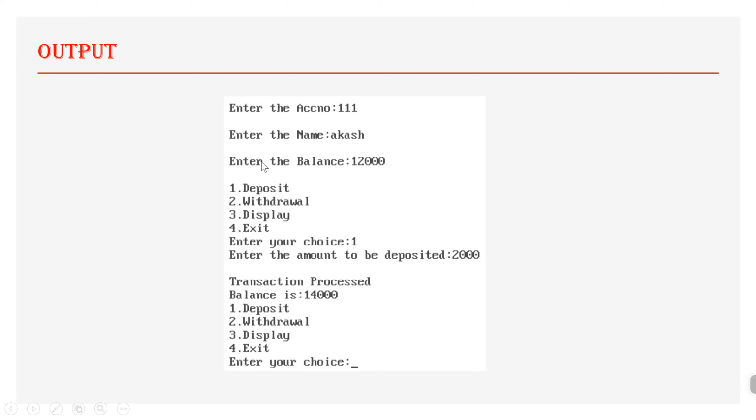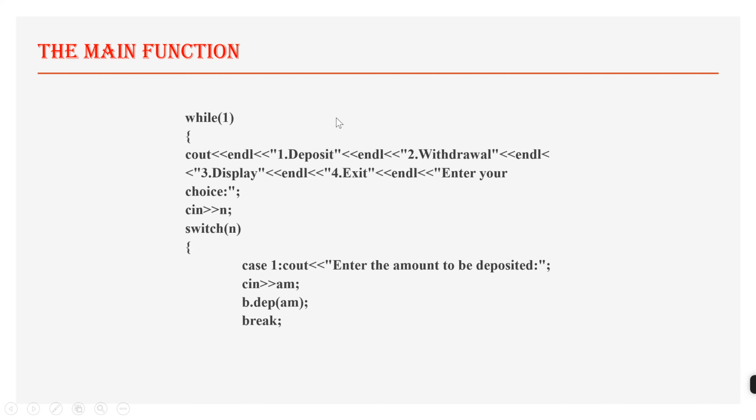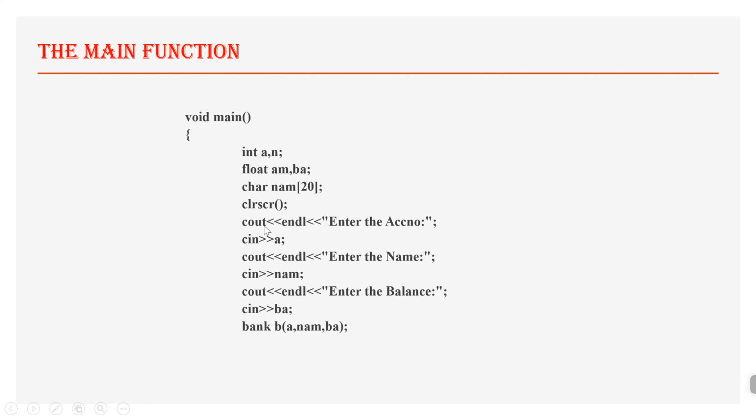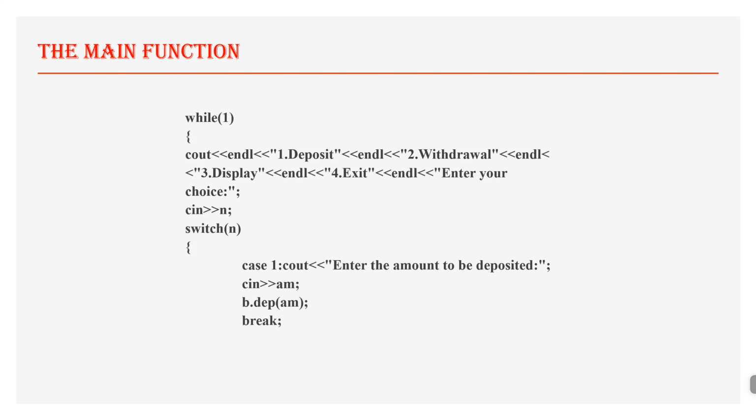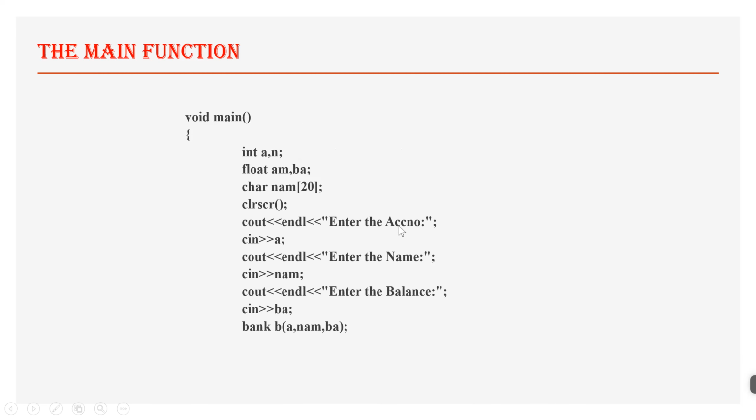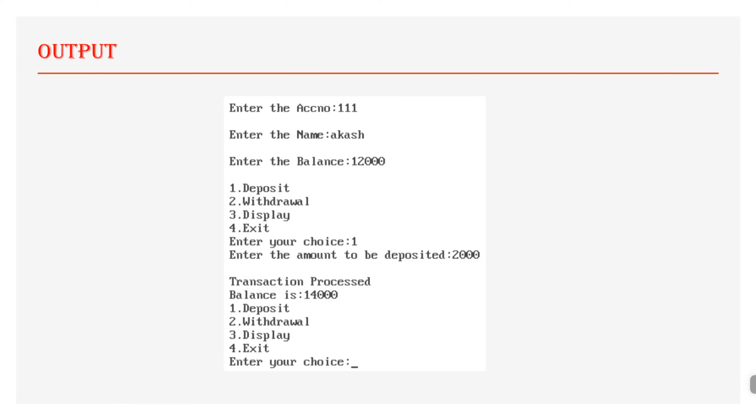Right? So enter the account number. I will go to the main function. Enter the account number, so you will be entering the account number. Enter the name. Then balance. Now you enter the account number to be 111, name to be Akash, balance 12,000.